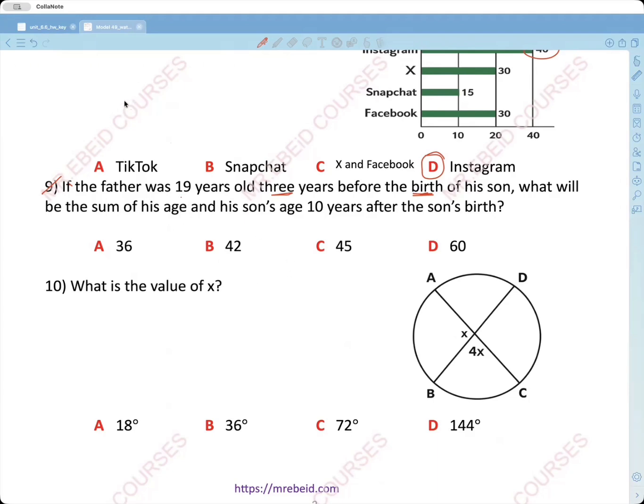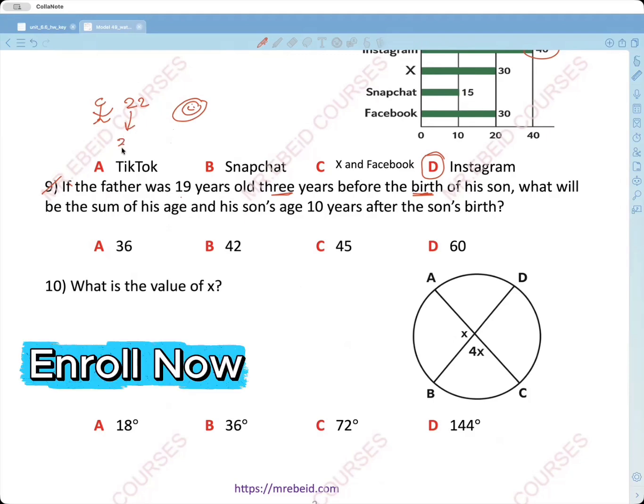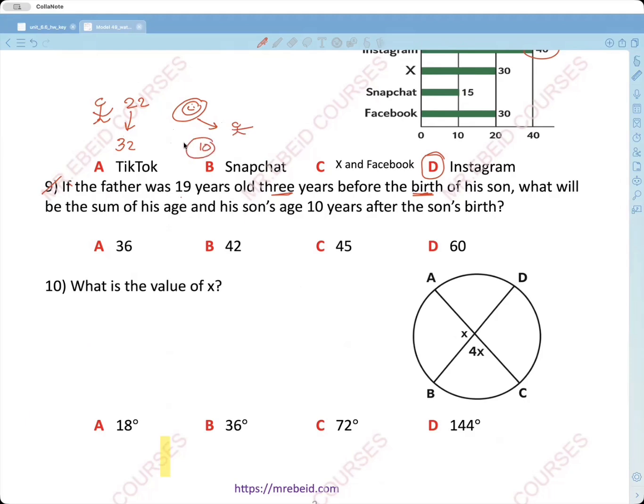So the age of the father at the son's birth is 22. This is the father, and this is the son's birth. After 10 years, the father will be 32 and the son will be 10. Their sum together, 32 plus 10, equals 42. The answer is B.